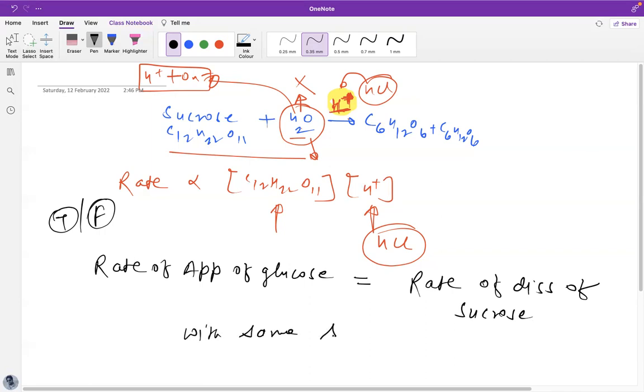Tell me, is this true or false? Look at the reaction carefully. This is sucrose, this is glucose.